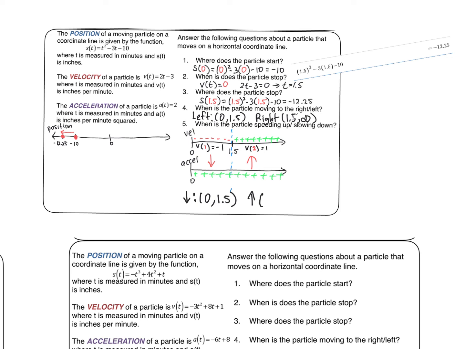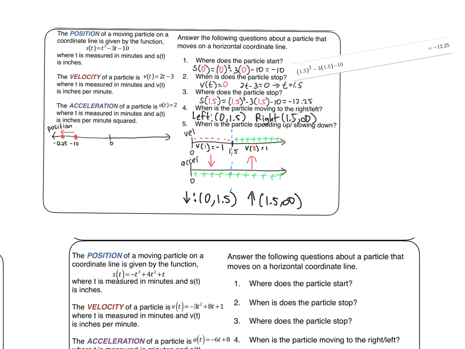From there on out, they'll all be positive. And so that's how you answer the questions in a very basic particle motion problem. In the next exercise, we're going to take a look at when things get a little bit more complex and see where that takes us. So I'll see you in the next video.